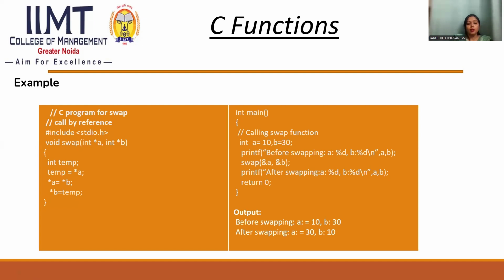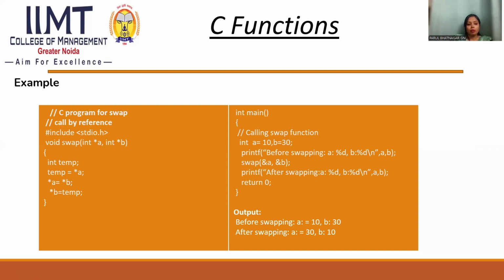Here, we show this using call by reference. We make a swap function, but this time the parameters are two integer pointers, int pointer A and int pointer B. In the body of the function, we take a temporary variable.